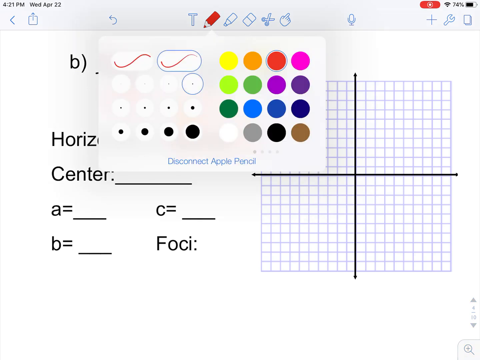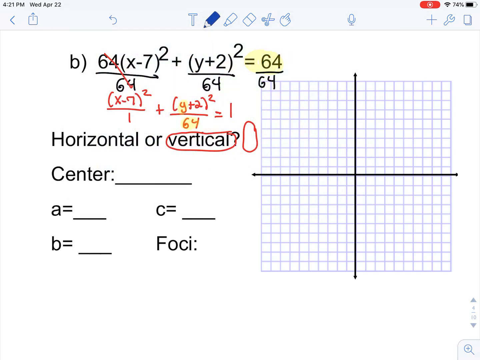Now we can find our center point. The number that is being subtracted from x is 7. The number that is being subtracted from y is actually a negative 2. So our center is at (7, negative 2). And if we plot that point, 7, negative 2, we're looking at a center right here.